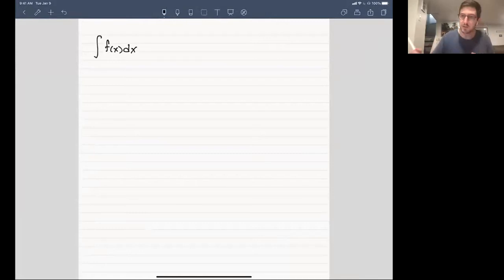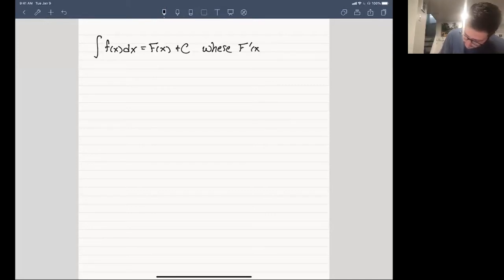Now, the only difference between this and a definite integral is that we don't have any bounds on the integration. And so this actually gives us a function where f prime of x is equal to f of x. So this gives us all possible antiderivatives.